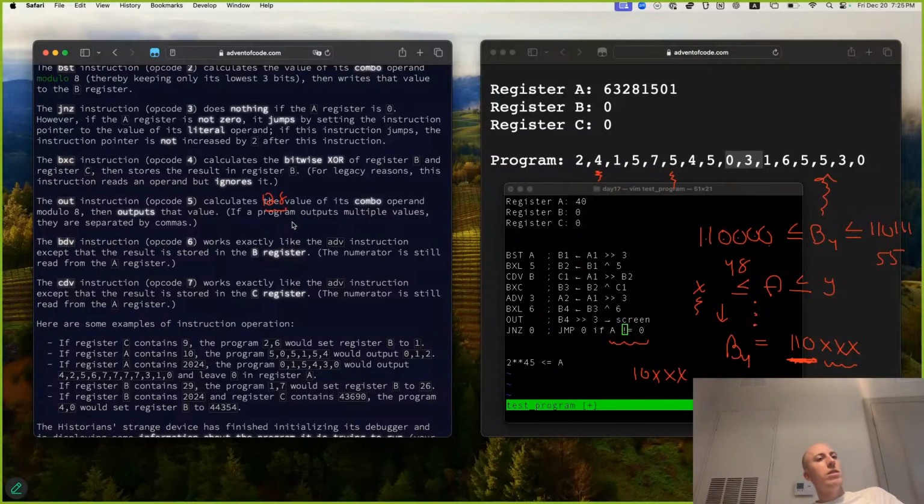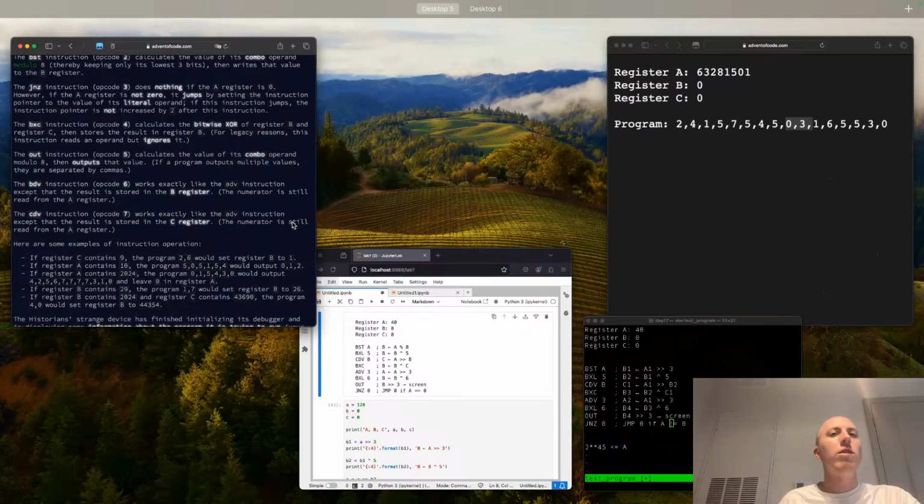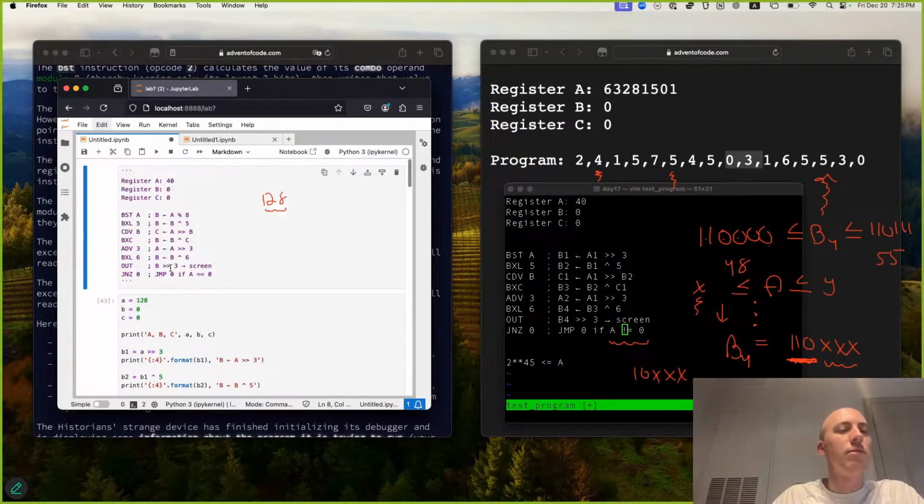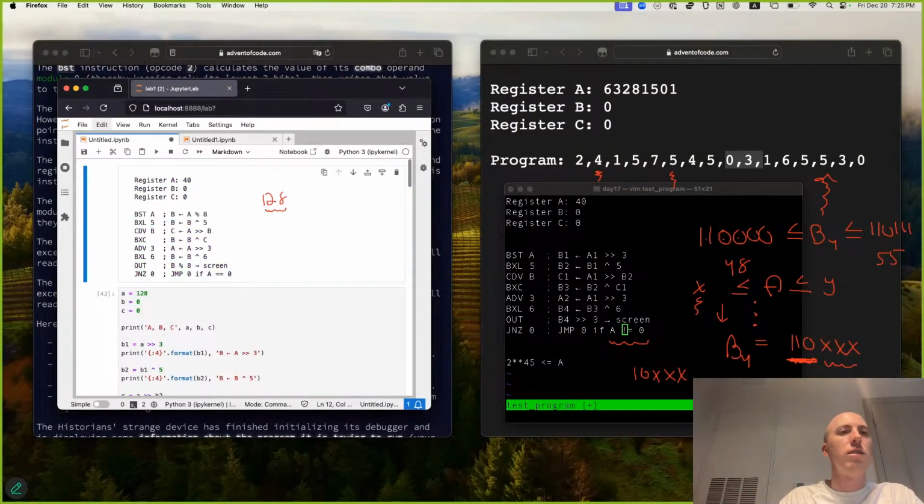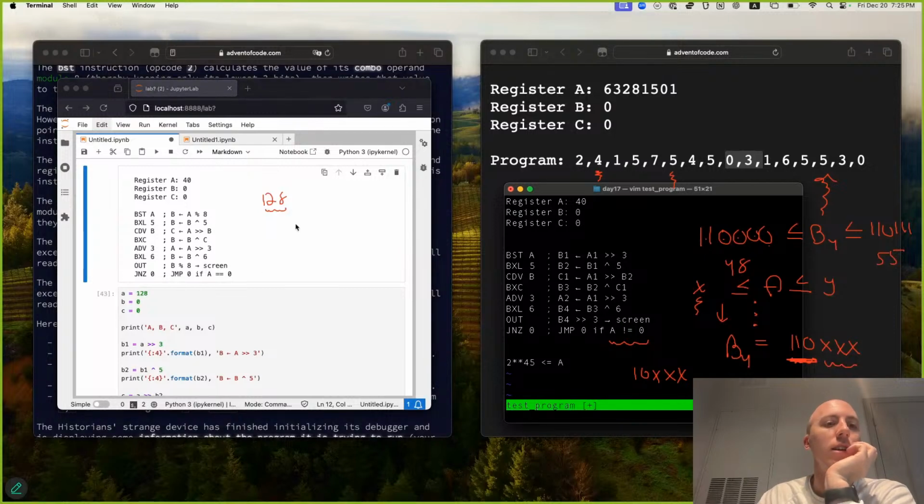Dang, dude, this is wrong. This is wrong the whole time. This should have been mod 8. You just take the... oh my god, this is wrong the whole time. So it doesn't need to be like 10xxx.